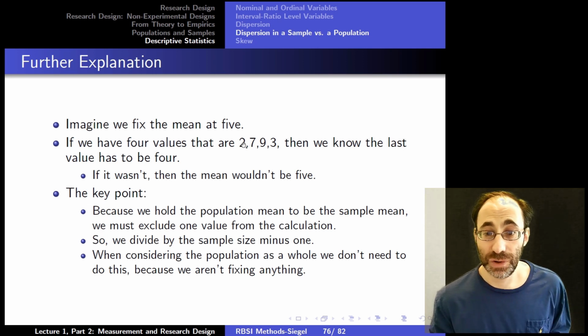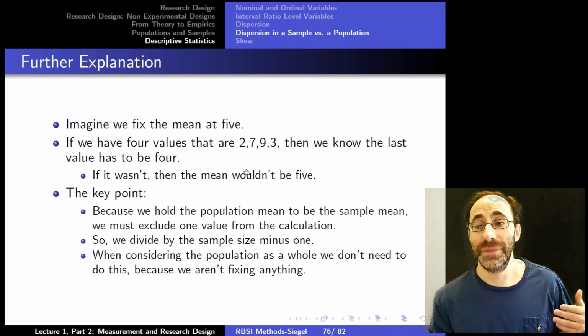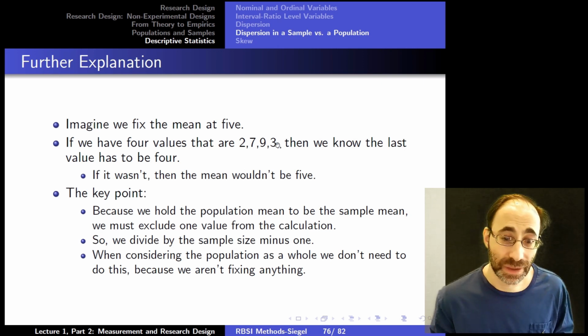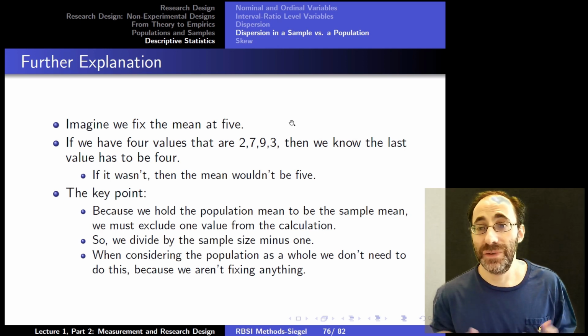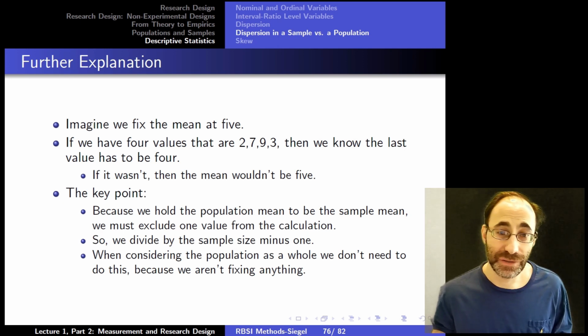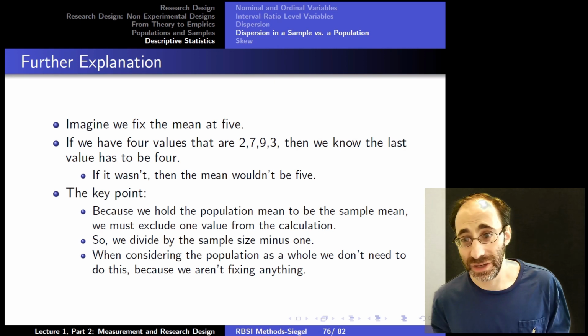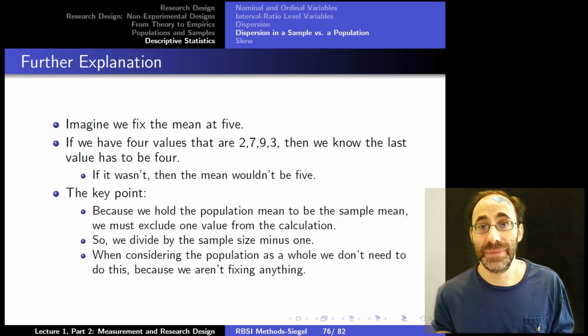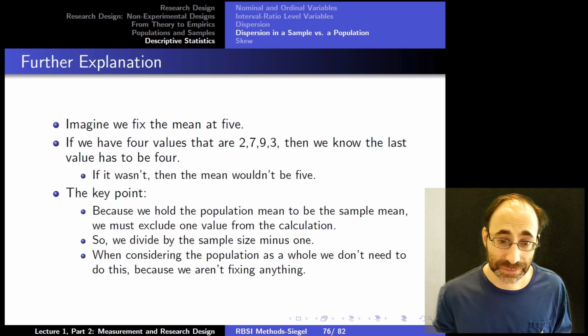So again, we have these 5 data points total. We have 4 particular values, and we fix the mean at 5. Now we know the mean, in order to get a mean of 5, the last value must be 4. Therefore, we don't have 5 free values that we can choose whatever we want from. We have only 4 free values. So only n minus 1 of the data points are actually free.